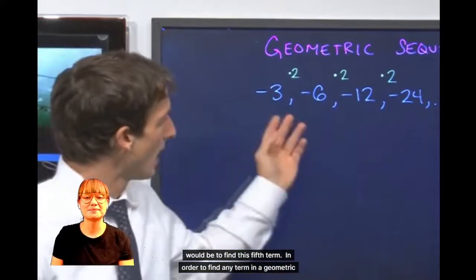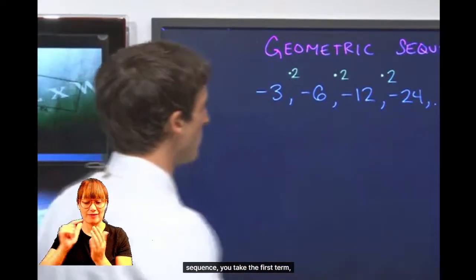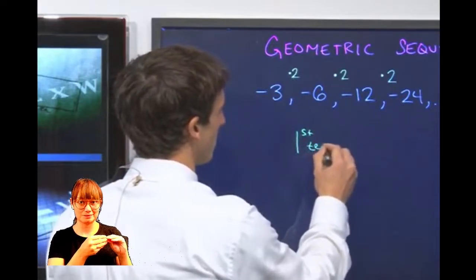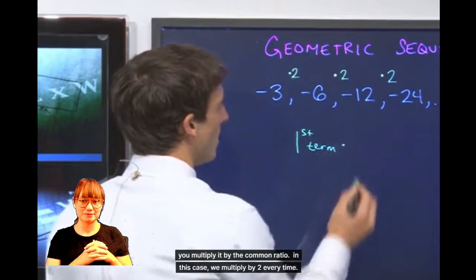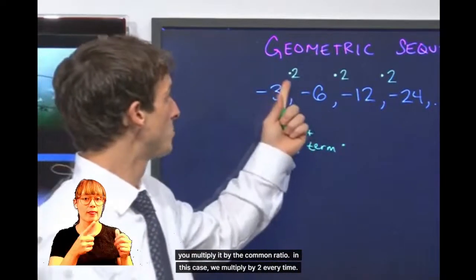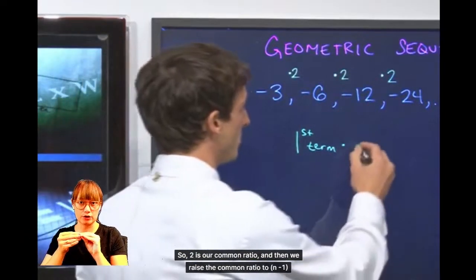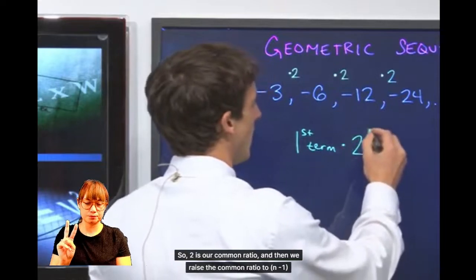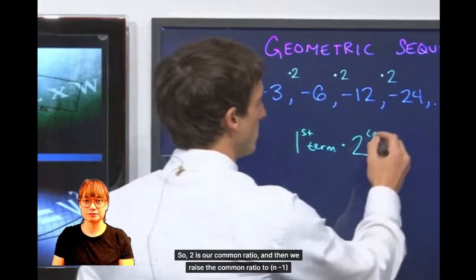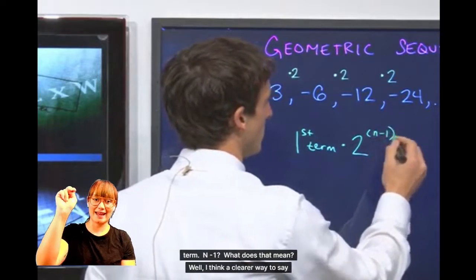In order to find any term in a geometric sequence, you take your first term, you multiply it by the common ratio. In this case, we multiply by 2 every time. So 2 is our common ratio. And then we raise that common ratio to the n minus 1 term.